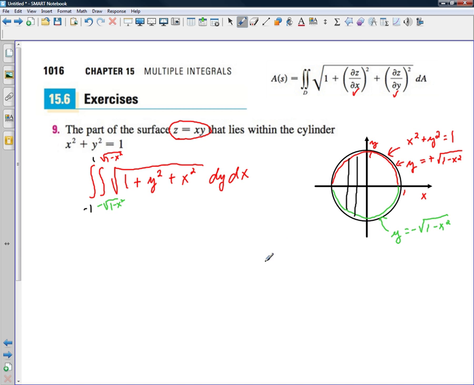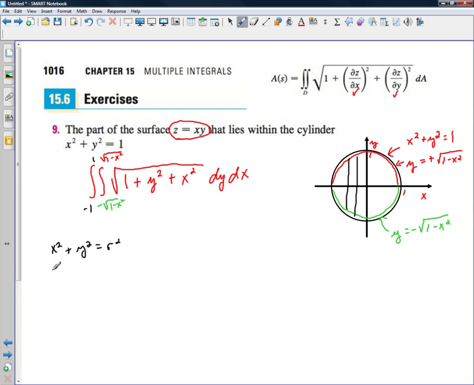Now that looks like a pretty ugly integral, but it seems to me the technique that we just reviewed, where we turn things into polar form, might be appropriate here. Remember, that was where our conversion formulas looked like this: x squared plus y squared equals r squared.